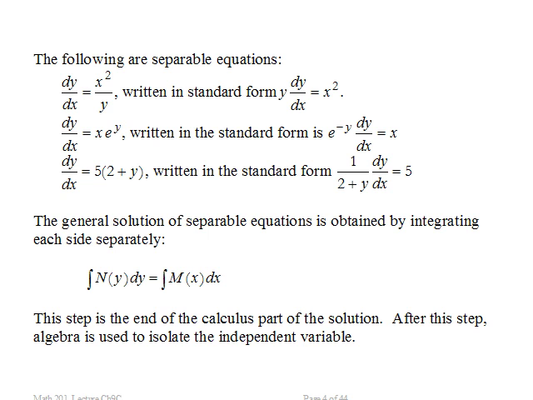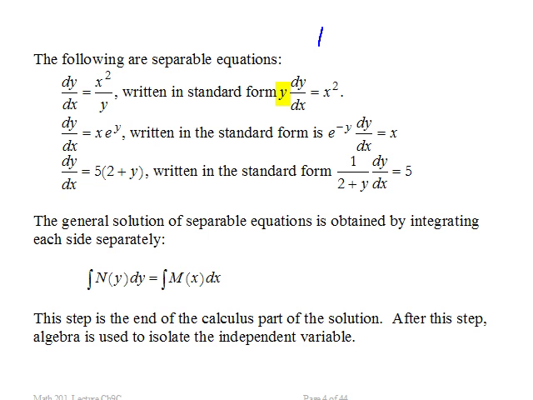Here are examples of separable equations. Dy by dx equals x squared over y. In the numerator, the term is x squared. It varies only with x. In the denominator, we have y, which again varies only with y, or rather not with x. We can write this in the standard form, y dy by dx equals x squared. I'm going to write that form above so we can remember what it is.